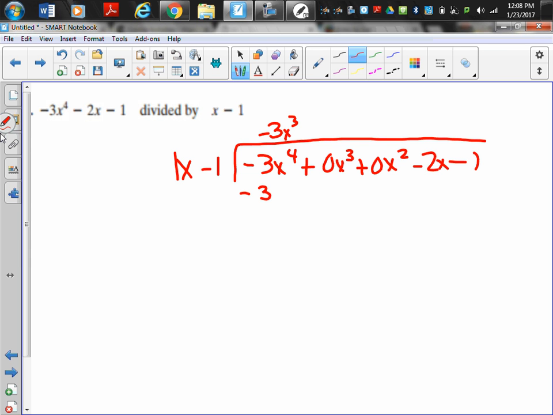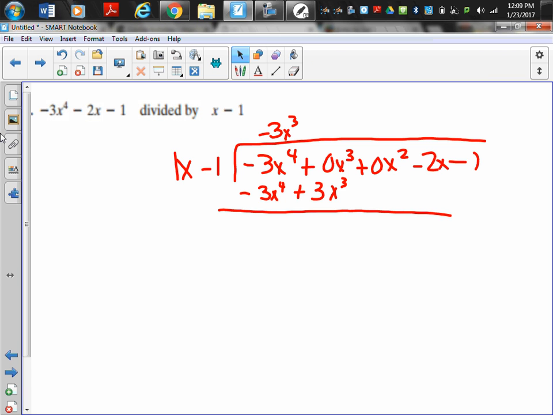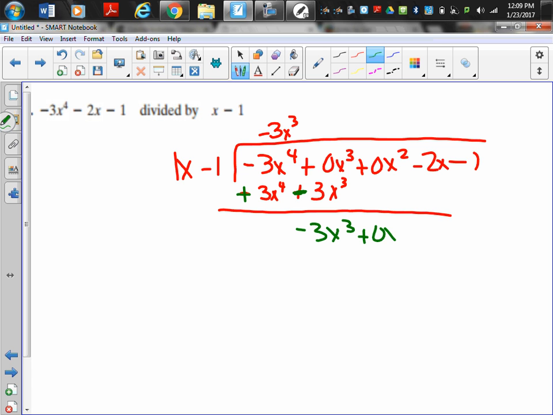Alright, so negative 3 times positive 1 is positive 3x to the 3rd. Alright, so you have to change it to the opposite. So this becomes a positive, this becomes a negative. That's 0. 0 minus 3 is negative 3x cubed plus 0x squared minus 2x minus 1.